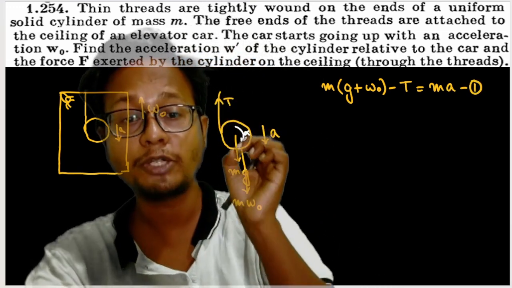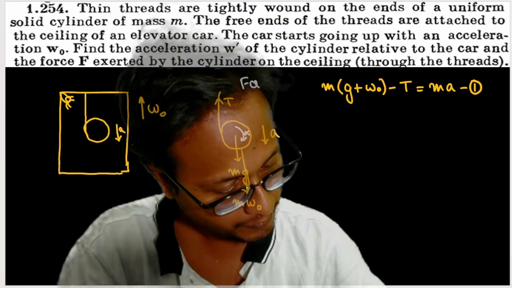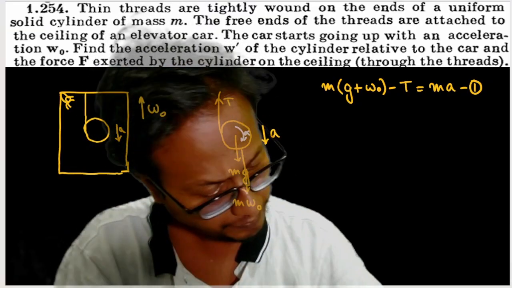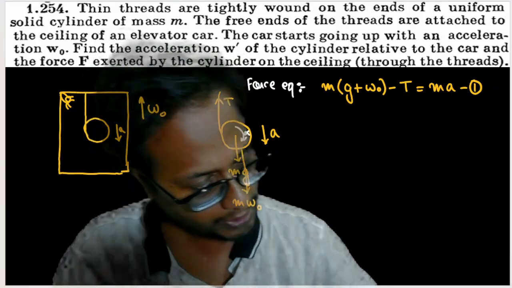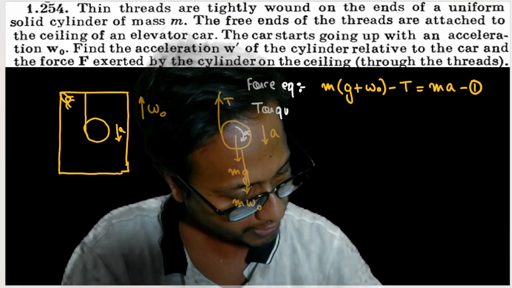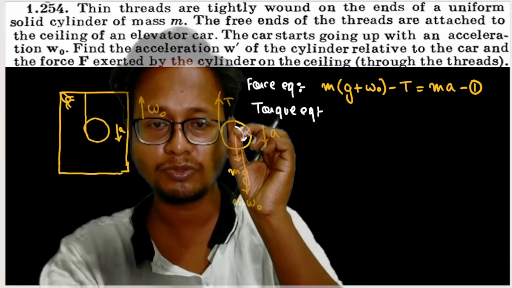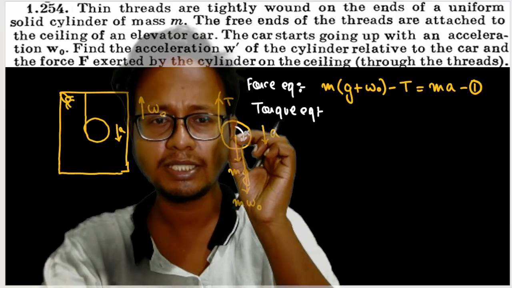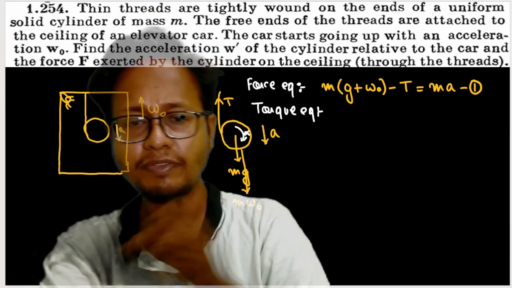My equation two would be the torque equation. The first equation that I made out here is the force equation. The second equation I'm going to make is the torque equation. Torque equation means I'm going to see the total torque as observed from the center, which is equal to the moment of inertia of this disc times alpha.